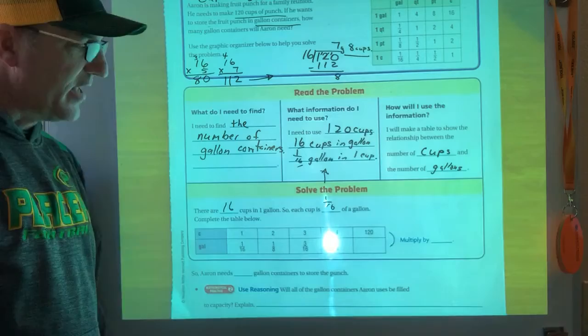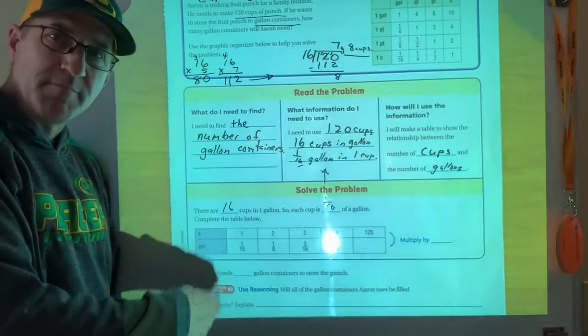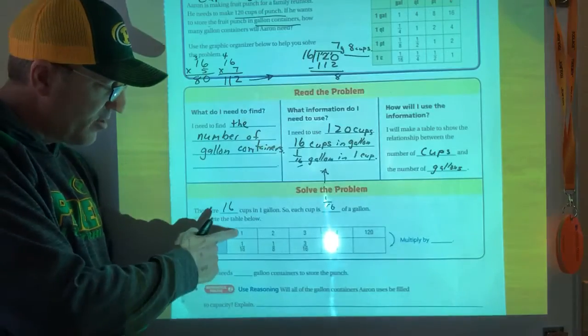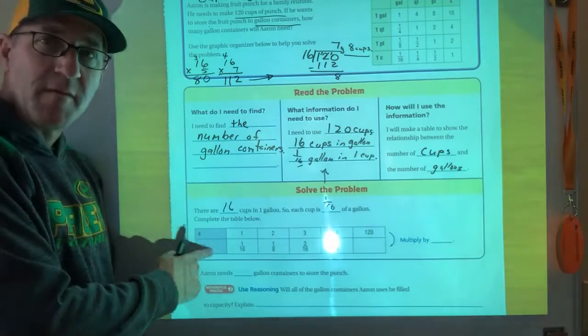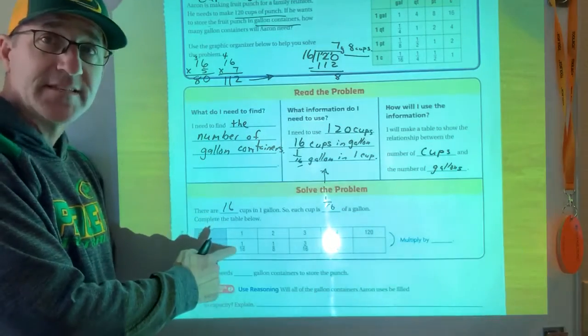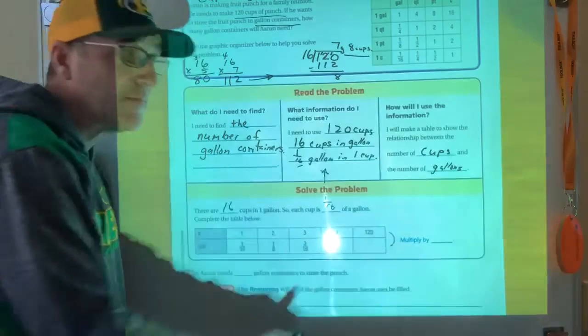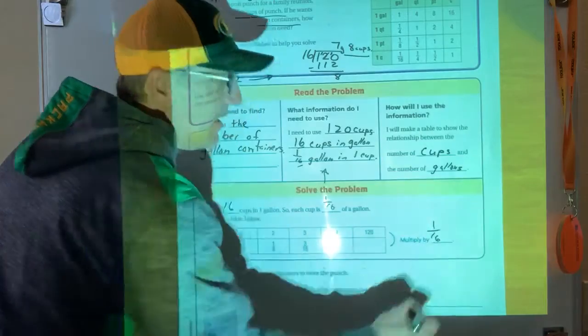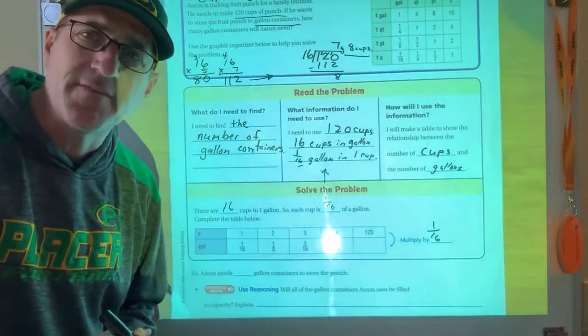Down here, this is our function box. The table is just a function box. If I want to go from cups to gallons, remember if it's a fraction I divide, so I'm going to divide by 16. Over here it says multiply by 1/16. Why is that the same as dividing by 16?